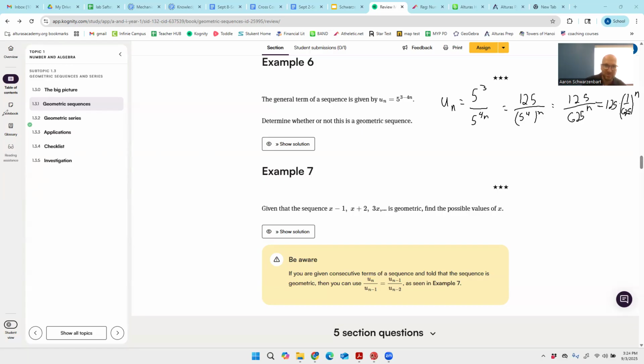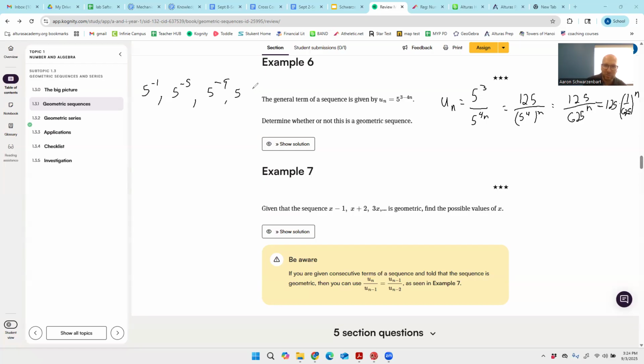Another option to do this would be to just plug in 1 for n. So you end up with 5 to the 3 minus 4, which is 5 to the -1. Your next one is 5 to the -5, for 2. If I plug in 3, I get 3 minus 12, which is 5 to the -9.